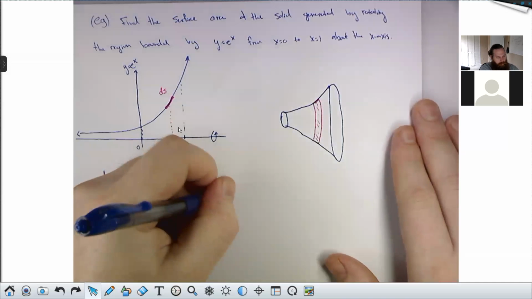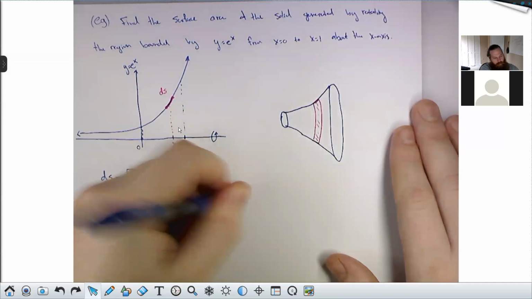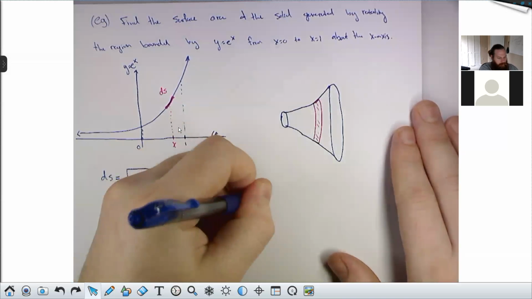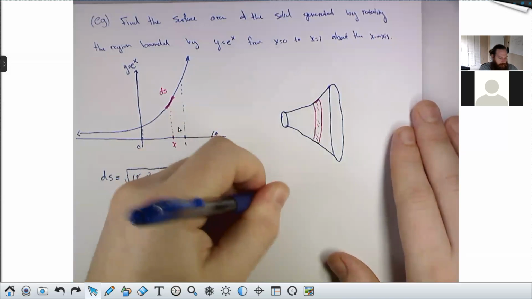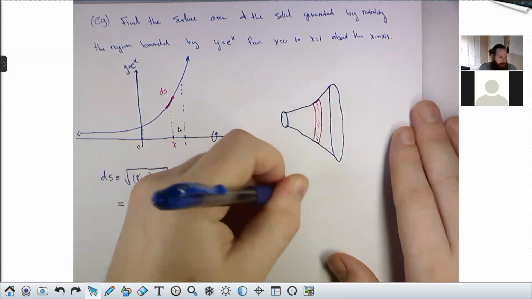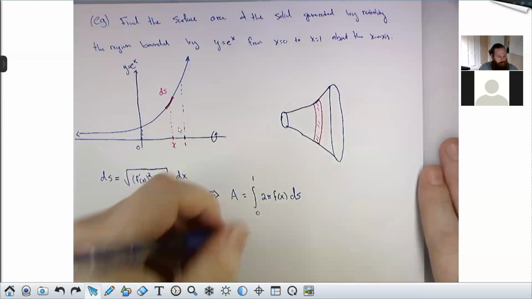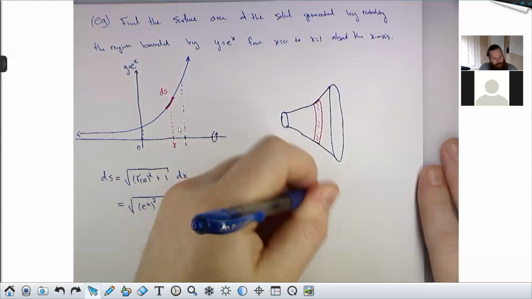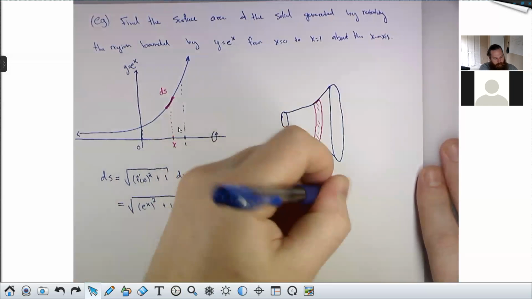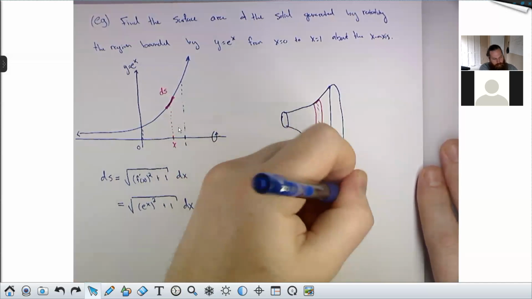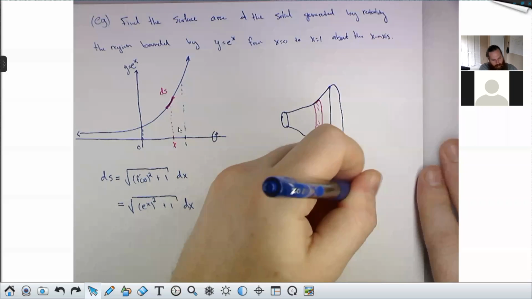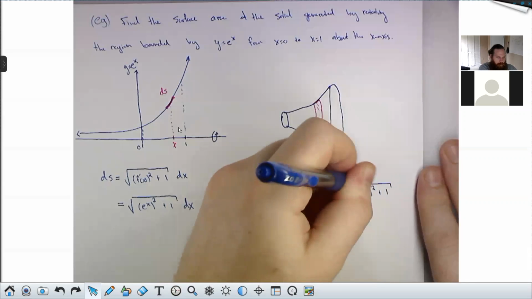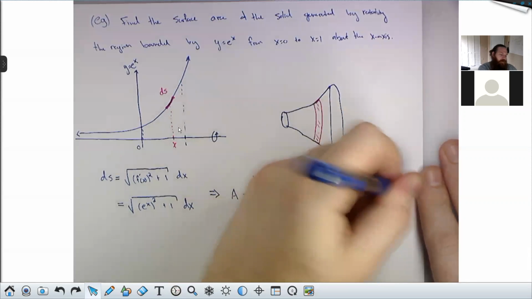So my surface area is going to be the integral from 0 to 1 of 2 pi f of x ds, which is 2 pi integral 0 to 1 e to the x times the square root of e to the x squared plus 1 dx.